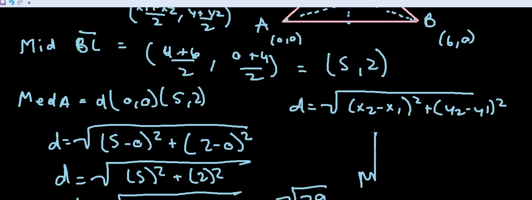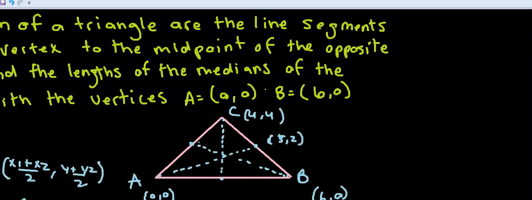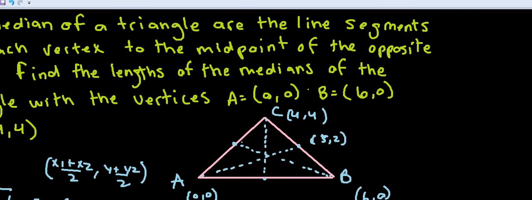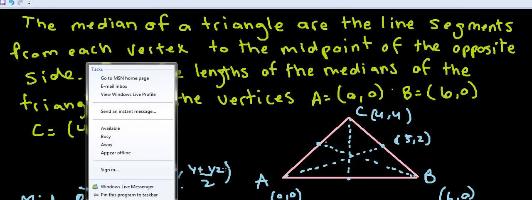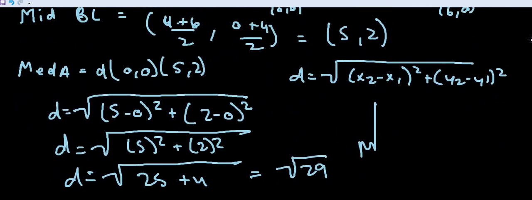So the median of A is equal to the square root of 29.